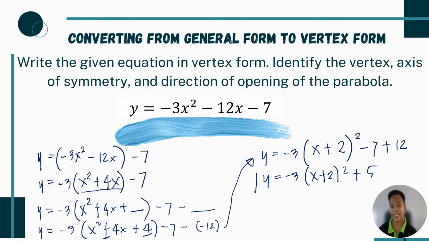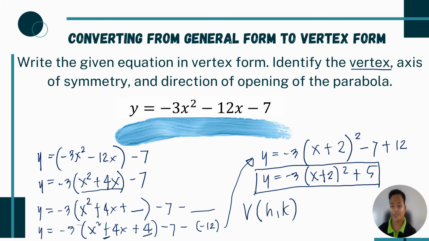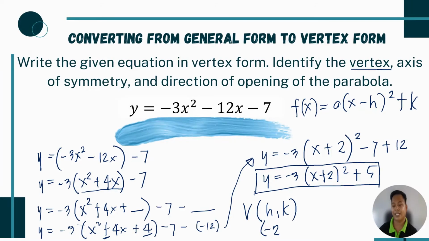So this is now our equation in vertex form. To find the vertex, we have the coordinates h, k. From the vertex form, f of x is equal to a times the quantity x minus h squared plus k. Since this is minus and this is plus, our h becomes negative 2. And our k, since this is plus and plus, we're going to copy 5.